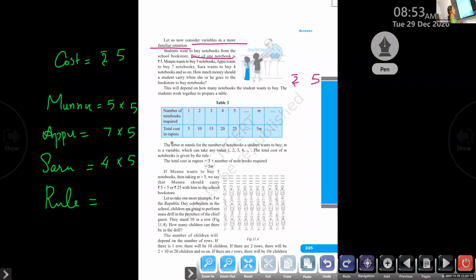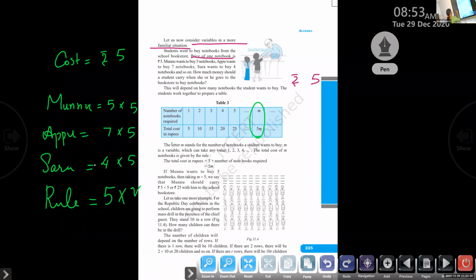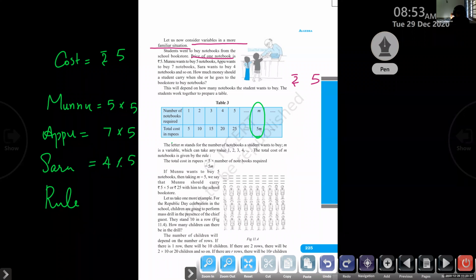Will you write it with a variable and a constant? How will you write? 5 into m. This time we did not take n, we took m, any variable.